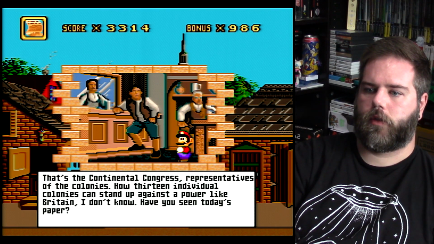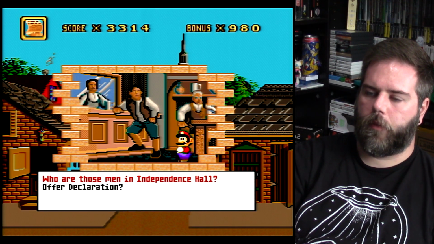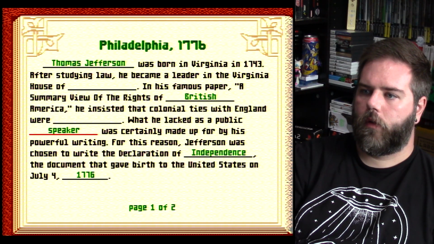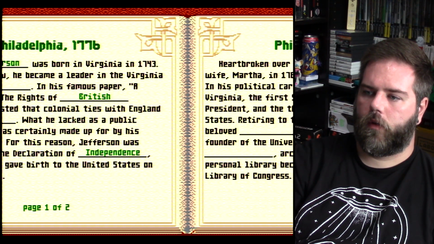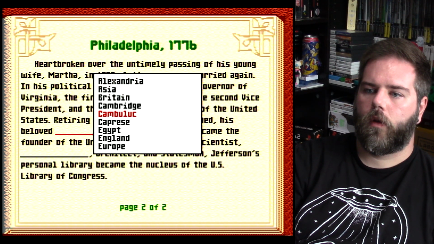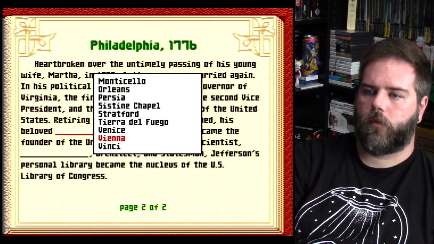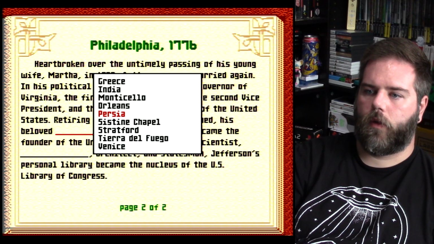Continental Congress. They don't have Congress as one of them. Independence Hall. It's probably Philadelphia, but I don't know. No, it's not. That's the lowest it goes to.